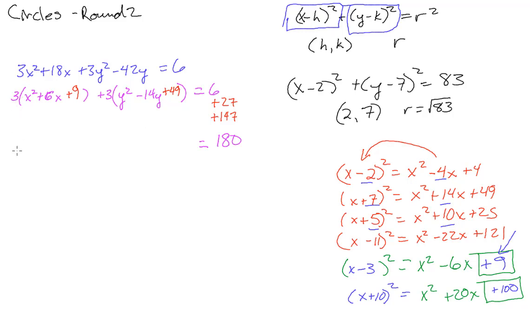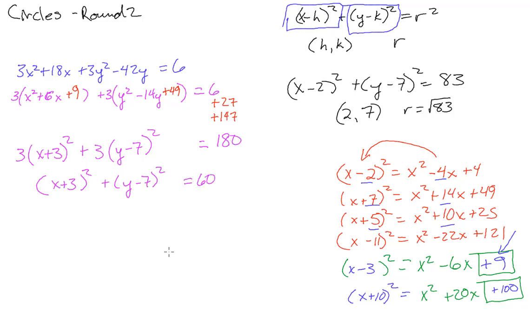What are the other parts? This is 3, but look at what we just did. We just made a perfect square. This is 3(x + 3) perfectly squared, and then + 3(y - 7) perfectly squared. We're almost there. Let's get rid of those 3's everywhere. (x + 3)² + (y - 7)² = 60.